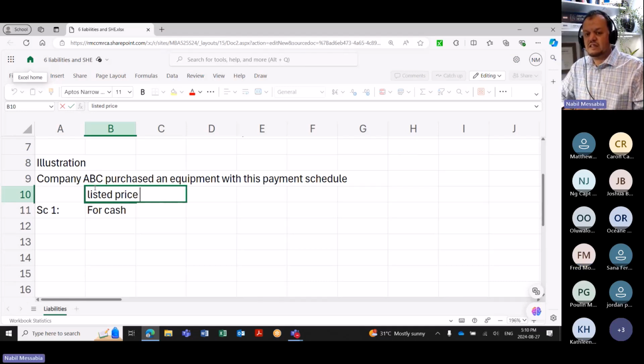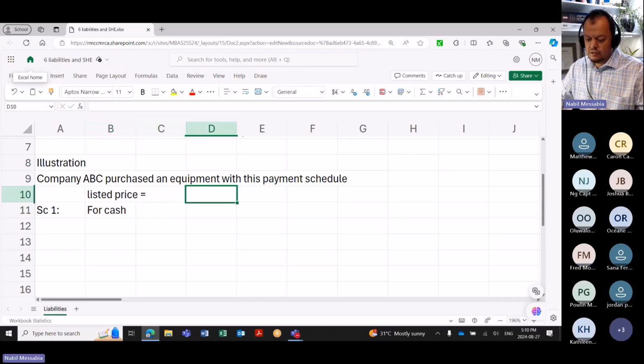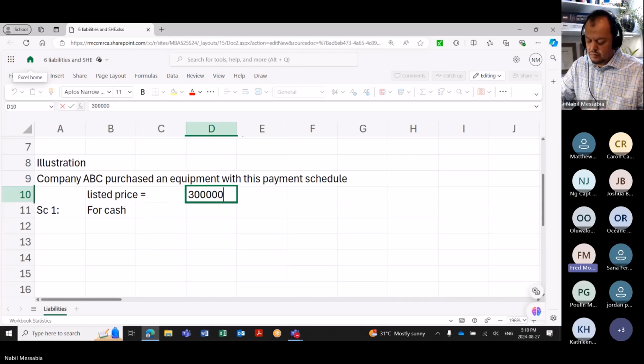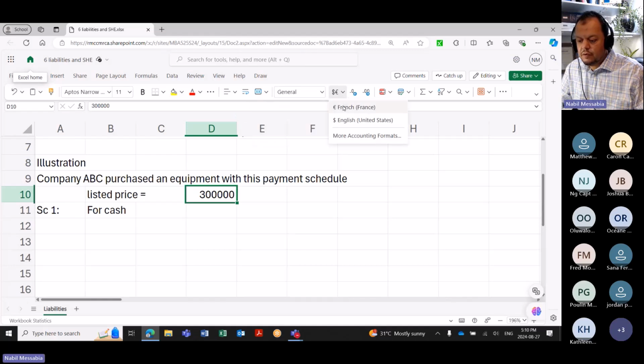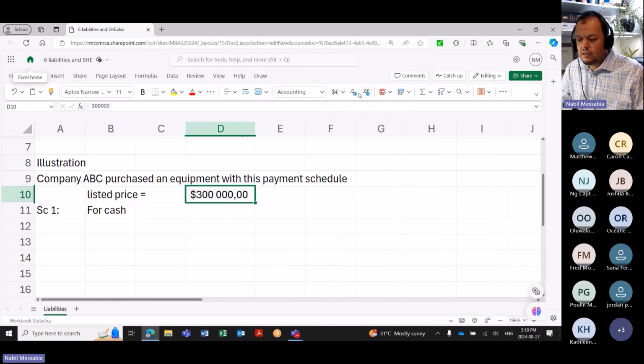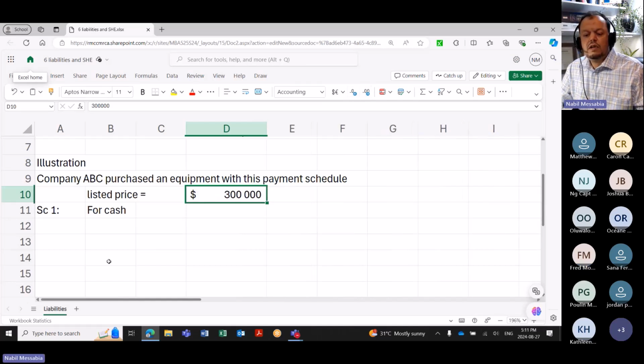Now the word listed becomes crucial. The listed price, let's say, equals $300,000. Okay, so this is the listed price for that equipment, $300,000.